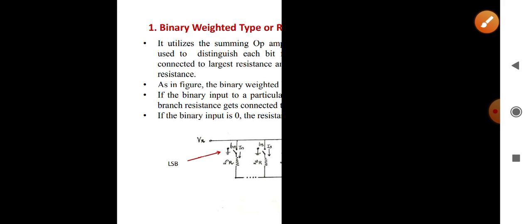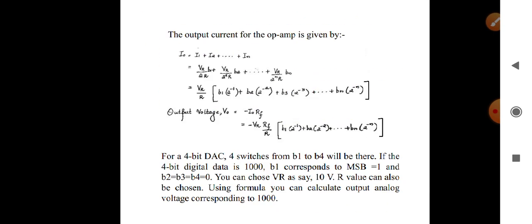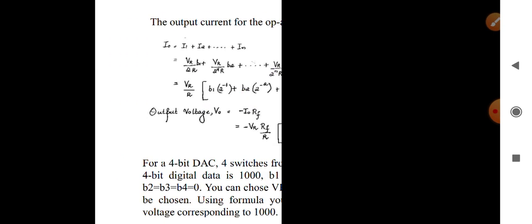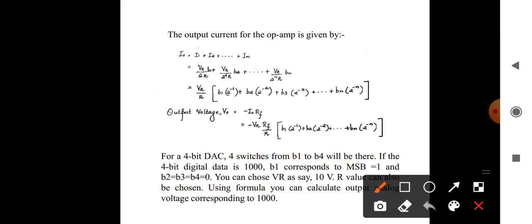Then we can find out this expression here. You just see here. So I told you I0 is equal to I1 plus I2 plus I3 plus I4 plus up to In. So what is the I1 here?